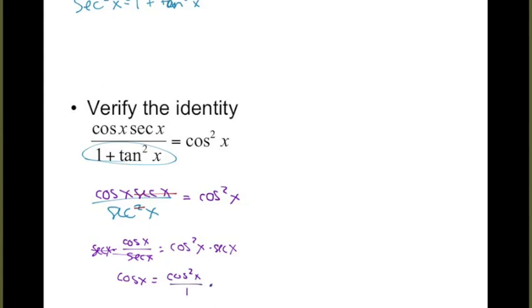And secant is 1 over cosine. And we now have cosine on the top and bottom, so we can cancel out one of them. So that leaves us with cosine equals cosine, which is true.